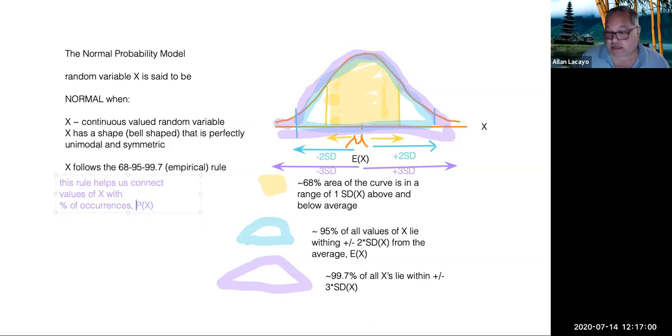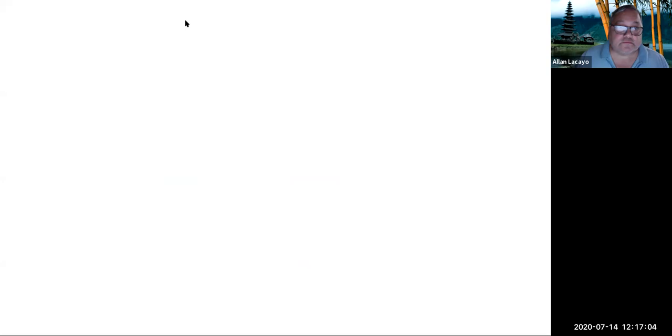Let's look at an example. Suppose I have a normal population, a population measured by their cholesterol, overall cholesterol level.